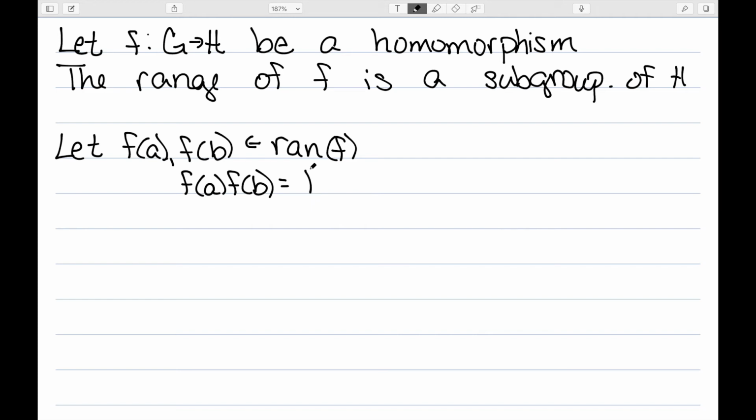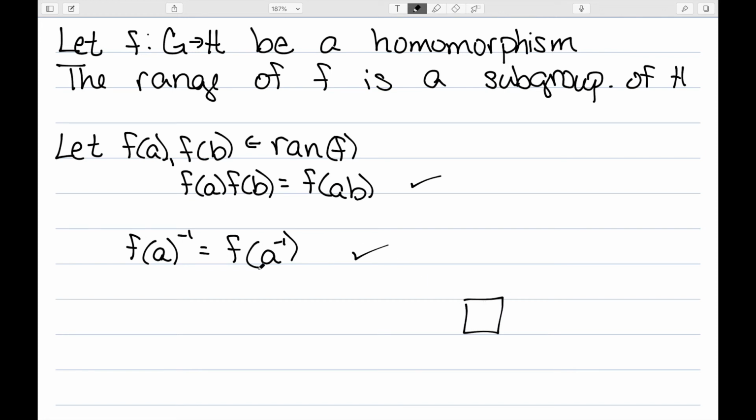Well, the property of homomorphism says this is f of AB, which tells me that yes, it is also in the range, since now I have f of something, which is exactly the format for the range. We also need to look at f of A inverse. We've already proven in a previous video this is the same thing as f of A, inverse. So that shows me that I'm closed under the inverses. So the range of a homomorphism is a subgroup of H.